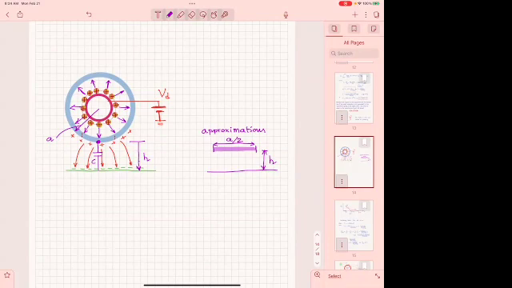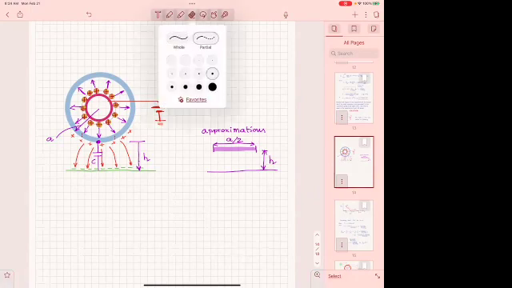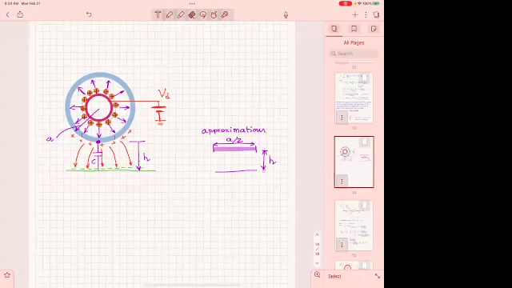Okay, now, what is the capacitance for this case? I will also further assume that my ground is also this much. So what that means is that all of the charges are confined in this width, which is A over 2. All right?